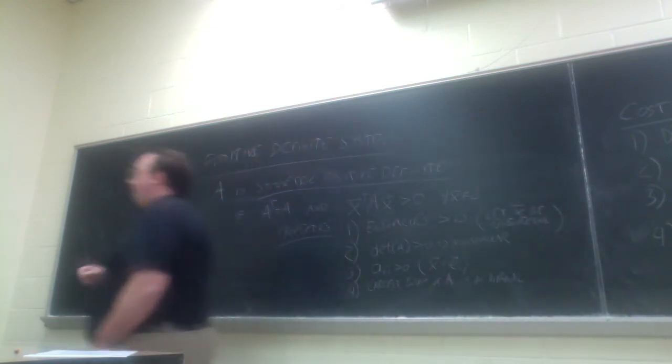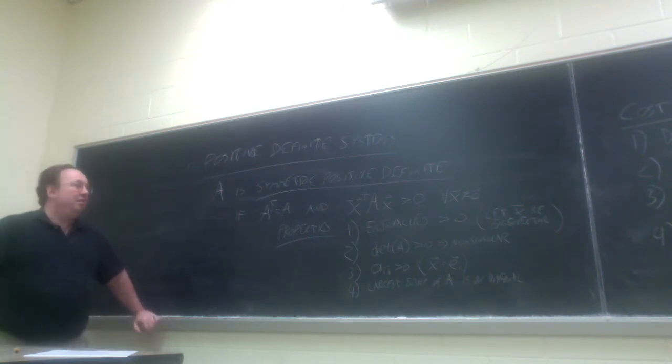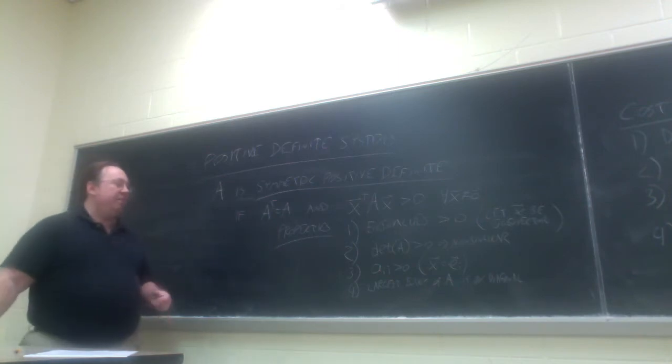So it is neither necessary nor sufficient for all the individual entries to be positive in order to have a symmetric positive definite matrix. In fact, you could have a matrix where every entry is positive, but it fails to be positive definite. So for instance, if the off-diagonal entries tend to be the larger ones, that's when it would not be positive definite.